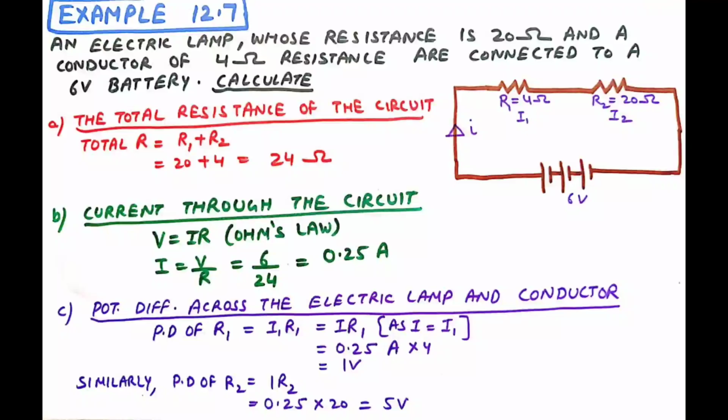For R1 the potential difference will be equal to I1 R1, but as we know that I and I1 are equal, we can write it as IR1, that is 0.25 amperes into 4, so potential difference becomes 1 volt. Similarly we will find for R2. For R2 potential difference will be IR2, and by putting the values we will get the answer as 5 volts.